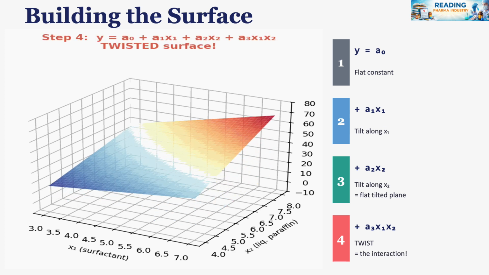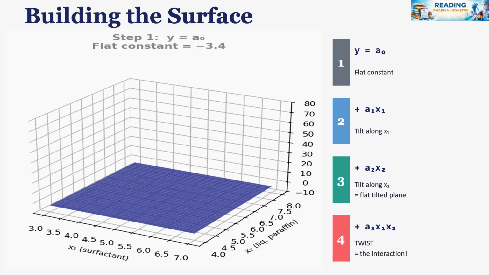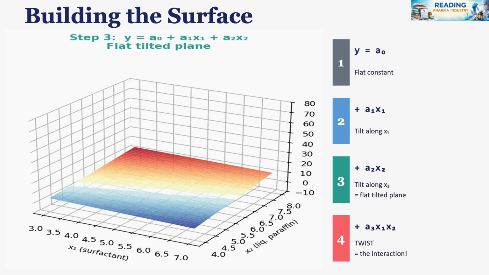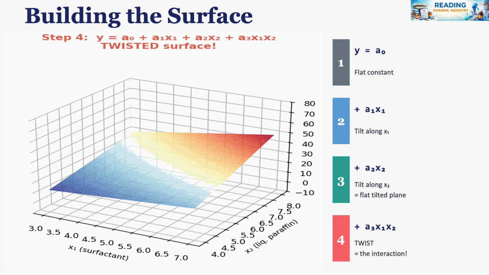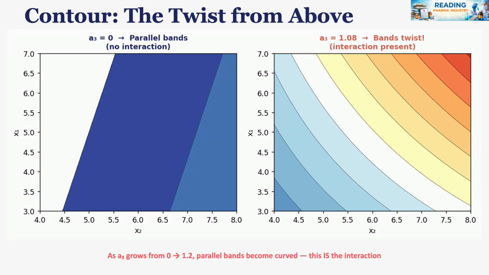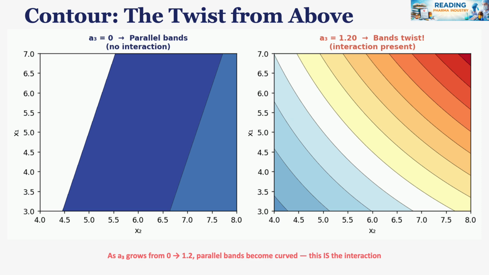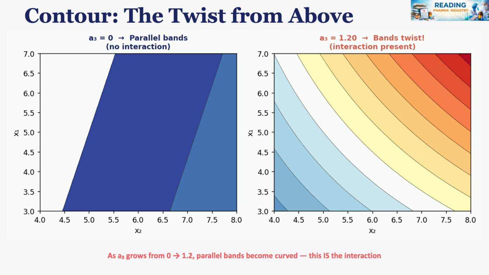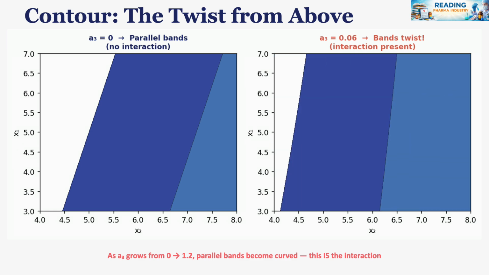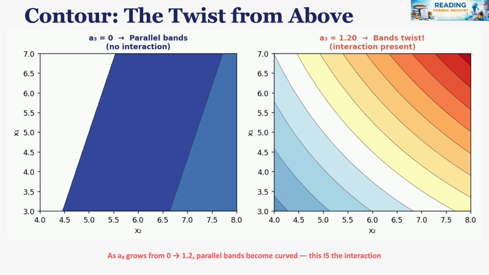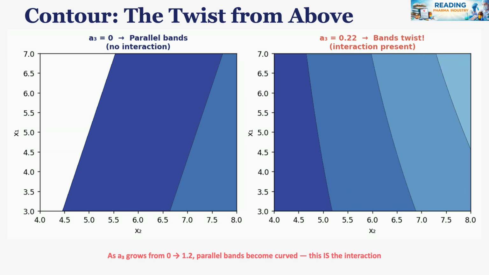And that is still a flat plane. Step 4, we add A3 x1 x2, and here is where it twists. So this is the step that changes everything. When the interaction is 0, contour bands are straight and parallel. As A3 increases, the bands curve, and curved contour bands are visible proof that the two variables interact with each other.